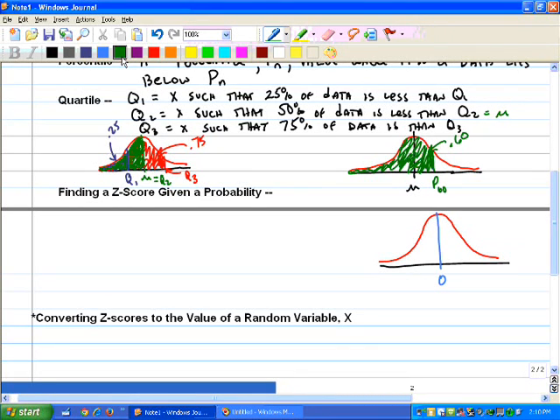and if we were given the probability, or given the area under the curve, in the standard normal distribution, the x values are z-scores.